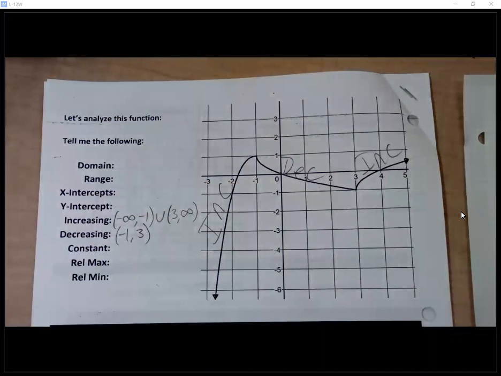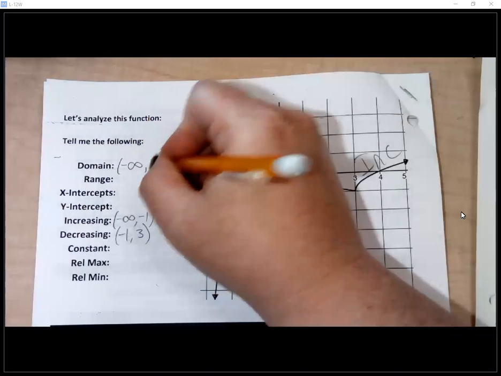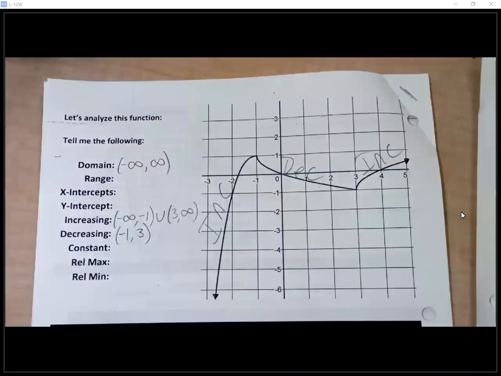Okay, let's fill in the other parts here. Domain, who's got it? Quick, quick. Domain. Jake, tell me. Negative infinity, comma infinity. Yes, all reals. Nothing is out of bounds here. The range. Braylon? I had negative infinity, comma 1.